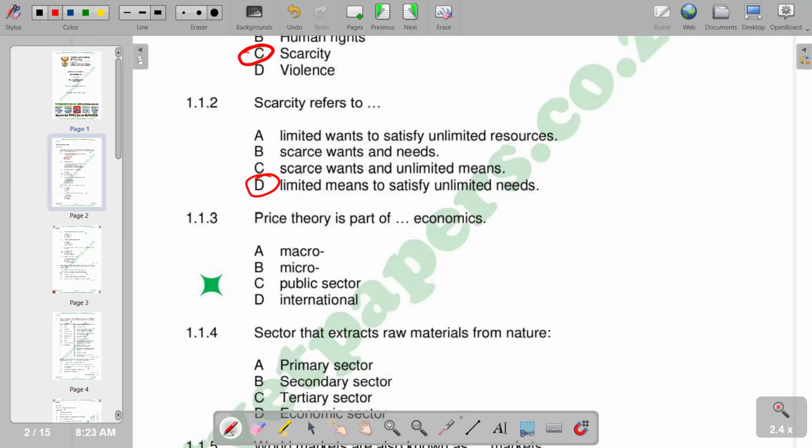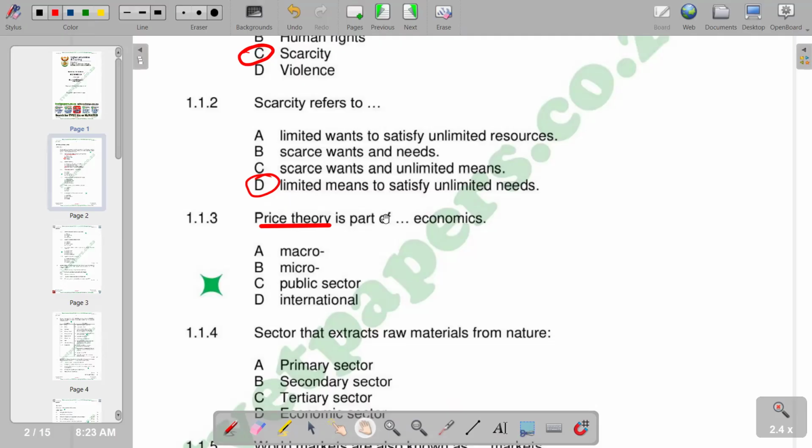Then number three, price theory is part of Dutch economics. Of course, we have the terms price and theory. When we're looking at price theory, it is a branch of economics that studies how prices are determined in an economy. So that is a part of microeconomics. Remember, microeconomics looks at the individual, a firm point of view or individual industry point of view.